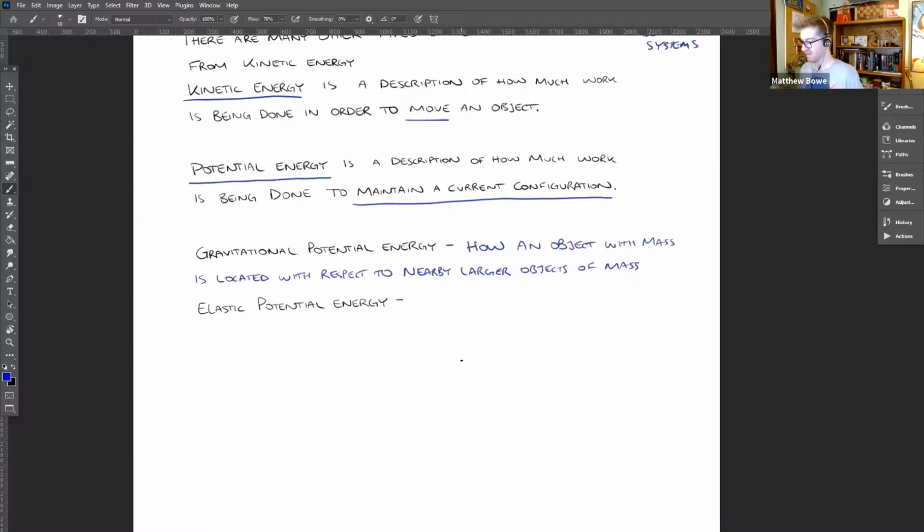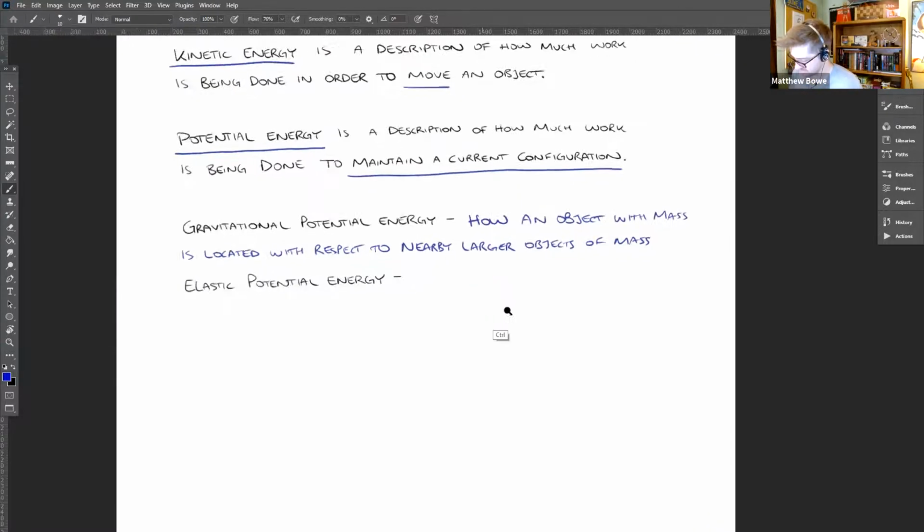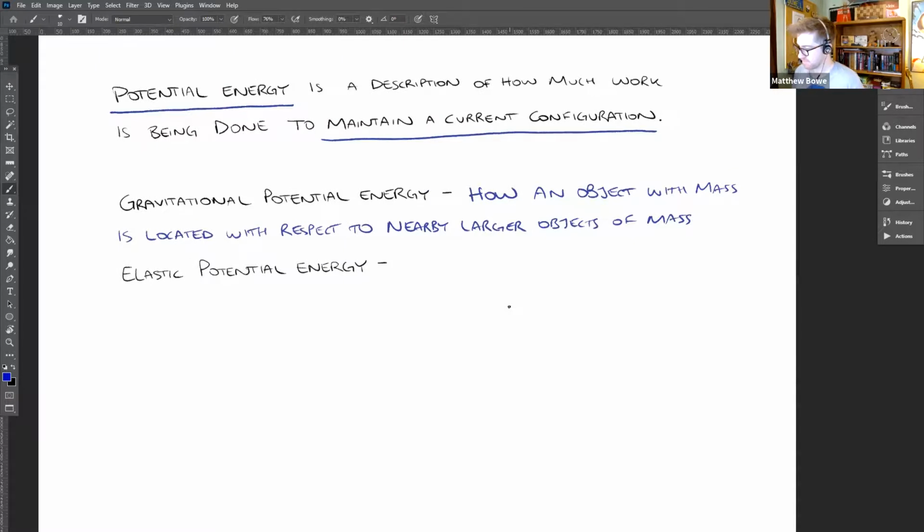For elastic potential energy, let's work through that definition. Think of springs, elastic bands, things that stretch.